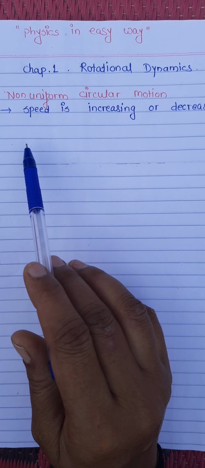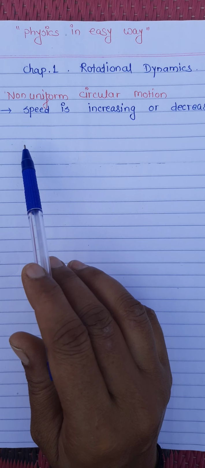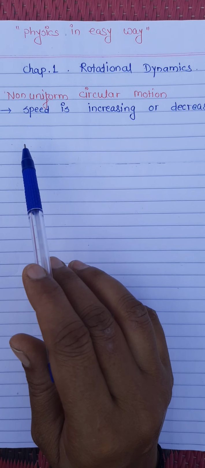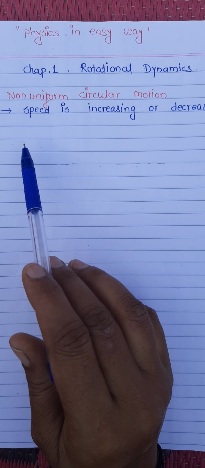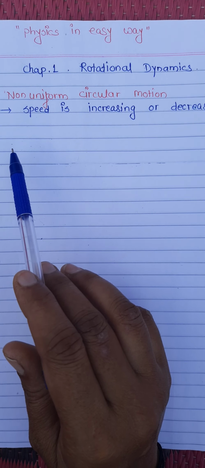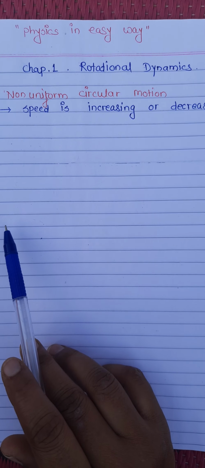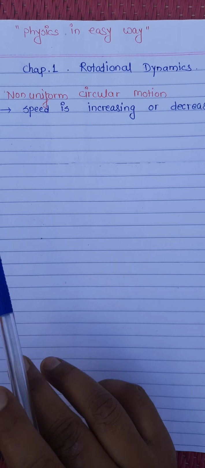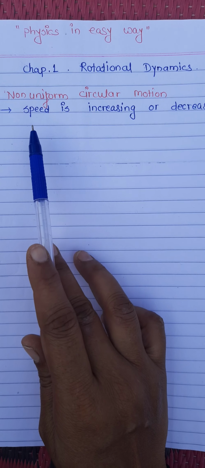Means the speed of that object is varying or not constant during the motion of that particle or the object. This is the main difference between uniform and non-uniform circular motion.